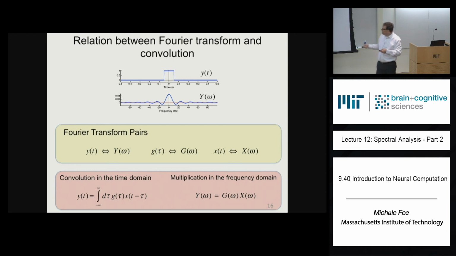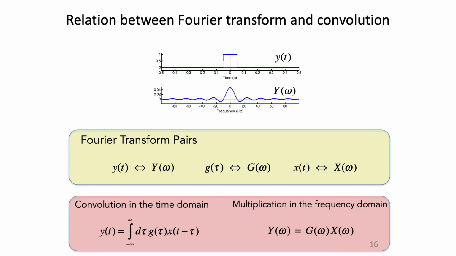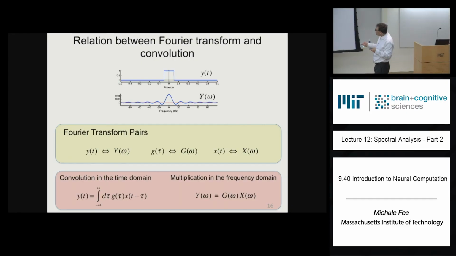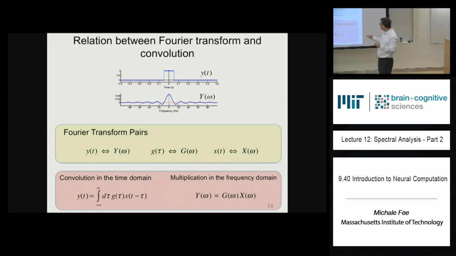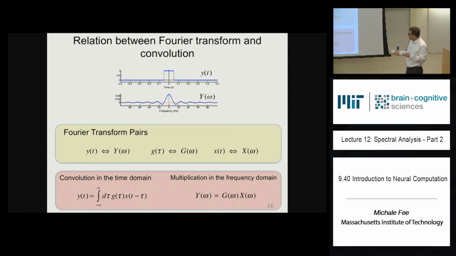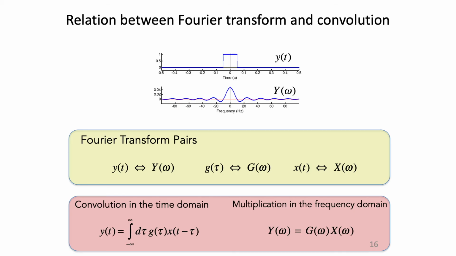So remember, we can write down the convolution of this time series, x, with this kernel G as follows. In this case, we're defining y as the convolution of G with x. So y of t equals the integral d tau G of tau x of t minus tau, integrating over all tau.